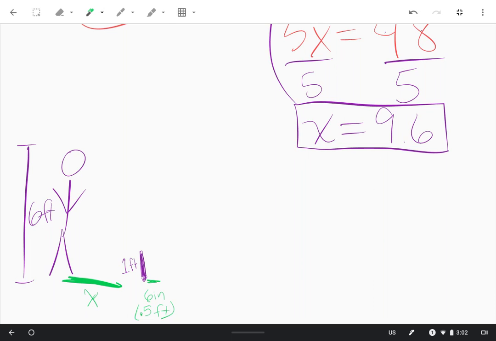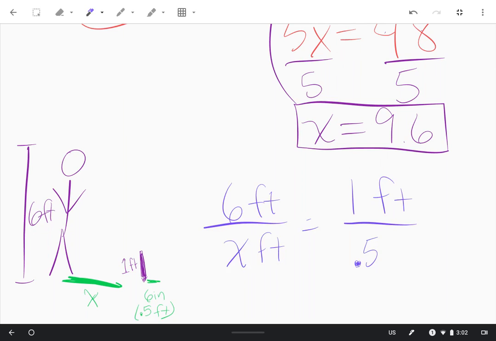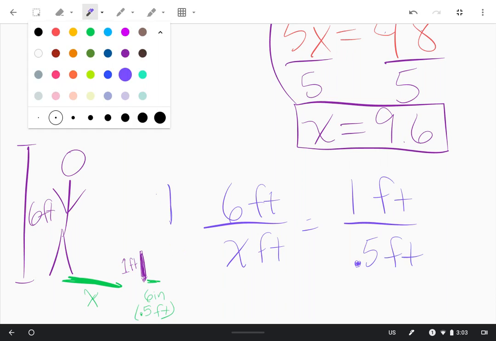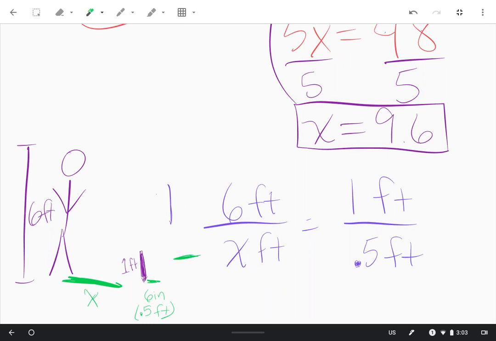So you can see, even in drawing a picture the way I did, I'm showing you how to set up this problem. We know that Ben is 6 feet tall, but we want to know his shadow's height. We know that the stake was 1 foot tall, and that the shadow of the stake was 0.5 feet tall. Notice we have the height of the object and we have the height of the shadow. I should maybe just say we have the thing and we have the shadow, right?